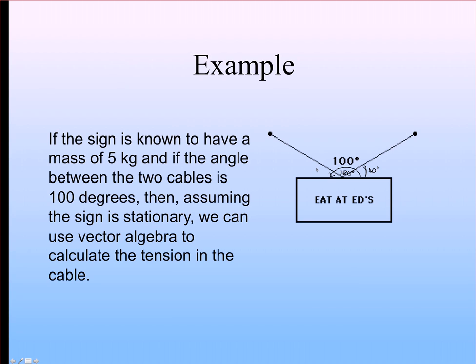This angle here is also at 40 degrees. Now, because these cables are at equal angles, and let's make the assumption here that this sign is free floating on these cables, if those two assumptions are correct, then the tension on each of these cables will be the same.